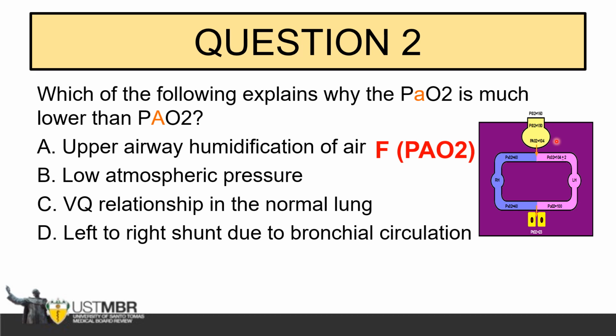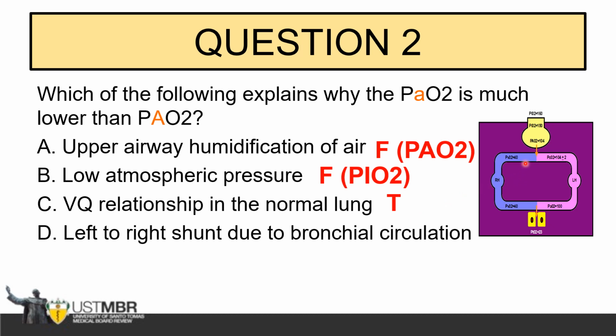Is it due to the low atmospheric pressure? Okay, that will not explain the difference between alveolar and arterial. The low PiO2 will explain the difference between the inspired oxygen tension and the oxygen tension in the airway. Is it the VQ relationship of a normal lung? Yes.